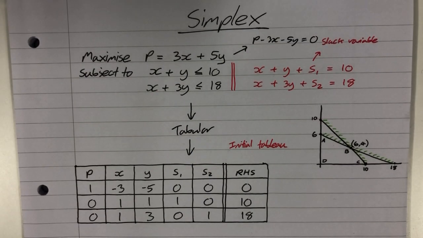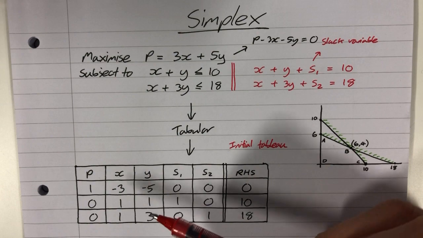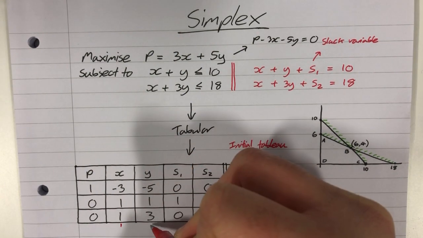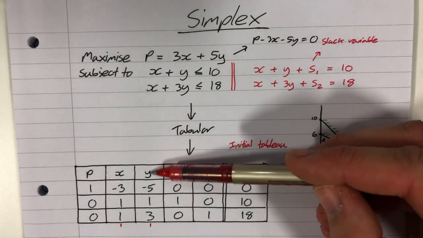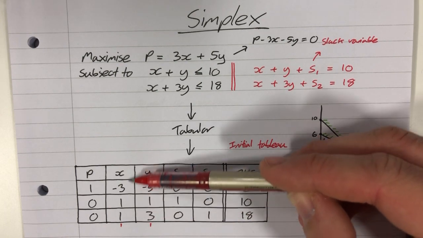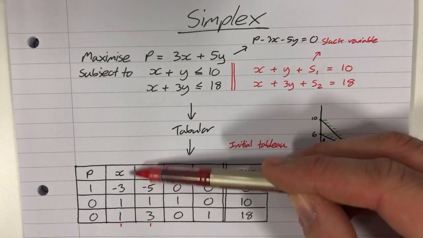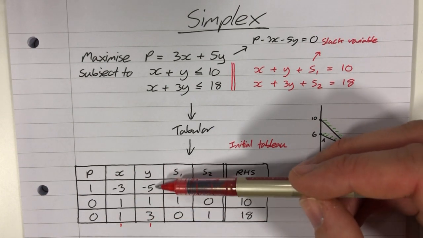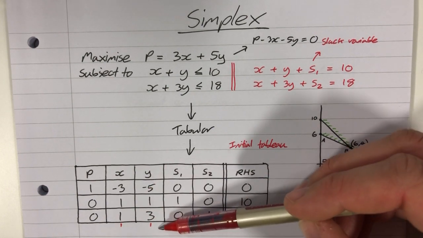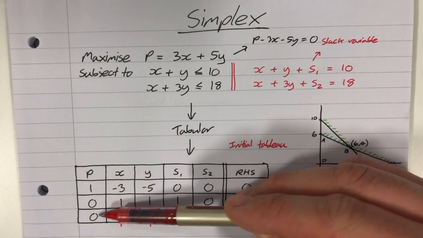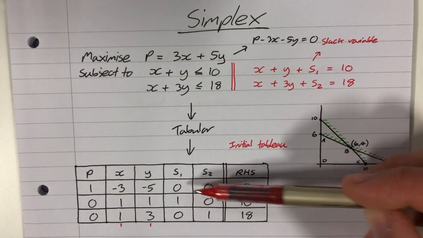Now, what this table represents is currently x and y are both 0, because these are what we call the non-basic variables. The basic variables are the columns that are not full of junk, in other words, they are full of zeros and 1s, like this column, this column, and this column.